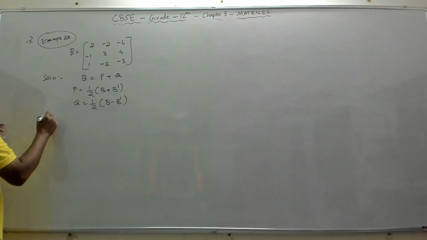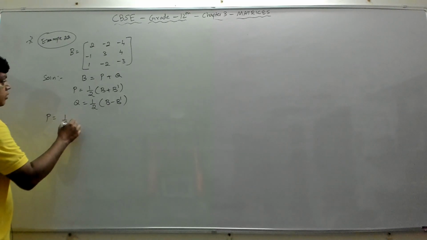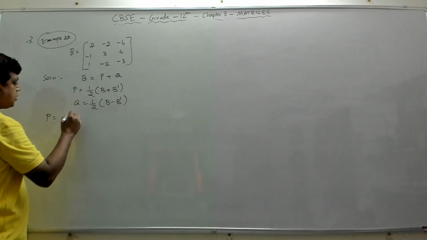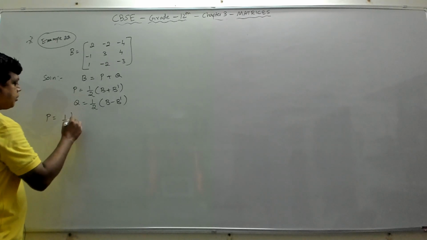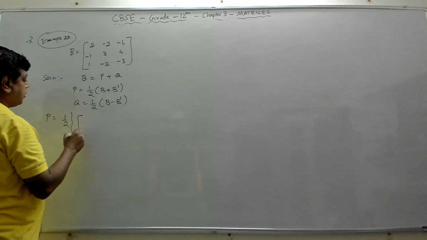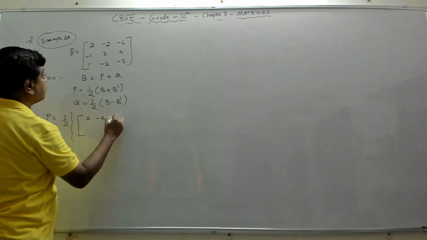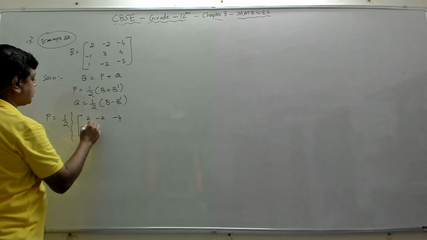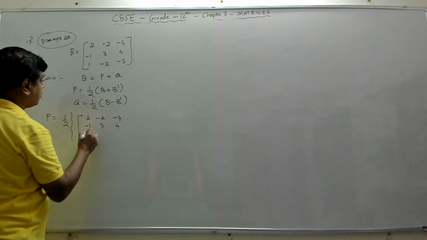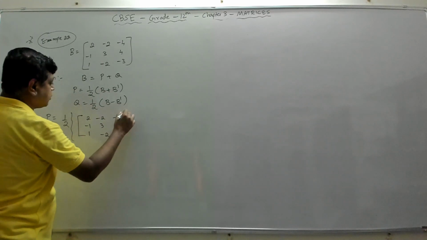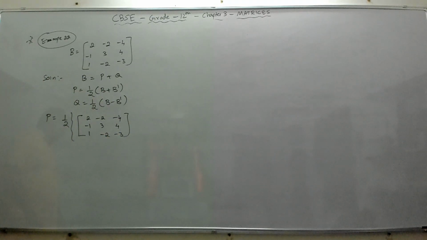So let's find P. P is half of B plus B transpose. So what is B? I will put a big bracket here. B is [2, -2, -4; -1, 3, 4; 1, -2, -3]. So this is my B matrix.